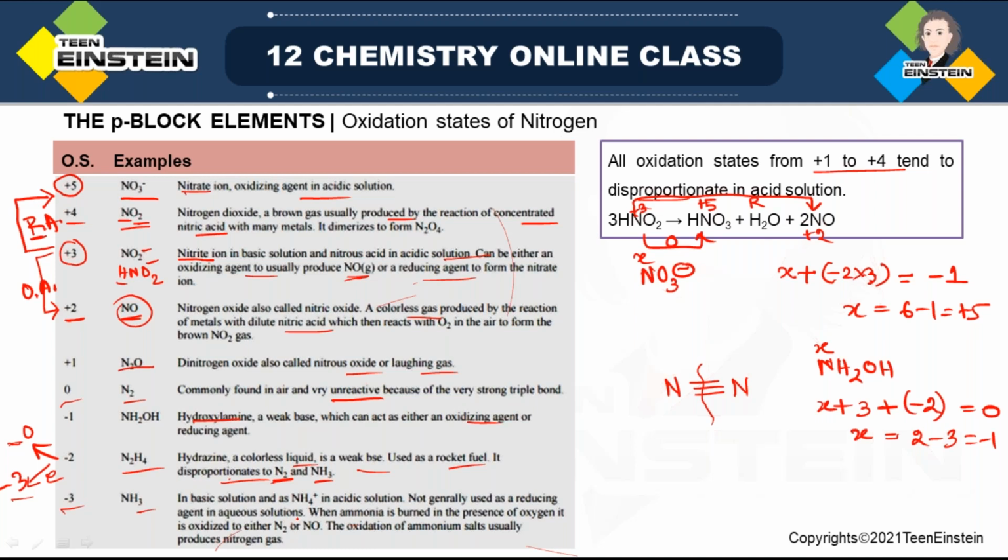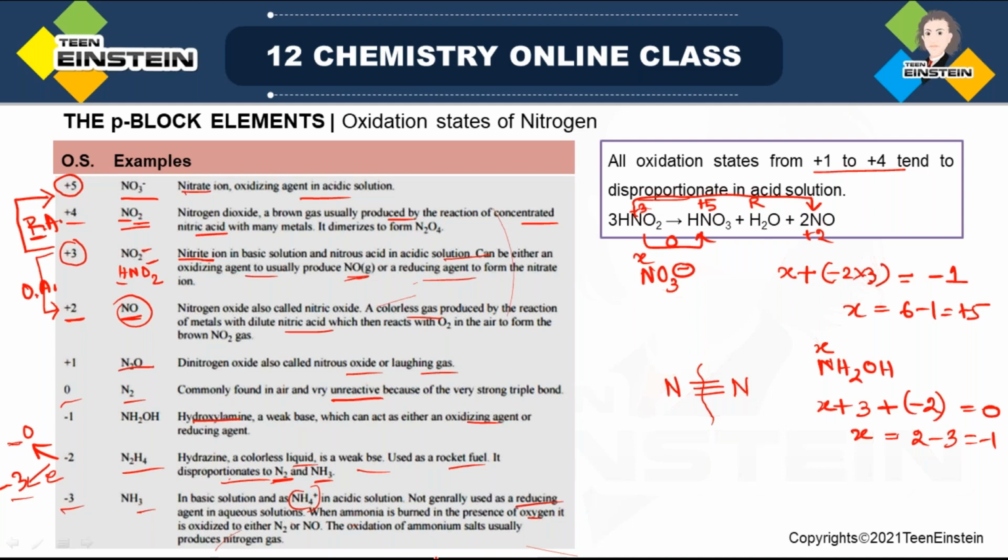But if you put NH3 in acidic solution, it will take a proton because it is basic in nature, and it will be converted to NH4 plus ion, which is known as ammonium ion. It is not generally used as a reducing agent in aqueous solution. When burned in presence of oxygen, it is oxidized to either nitrogen or nitric oxide.